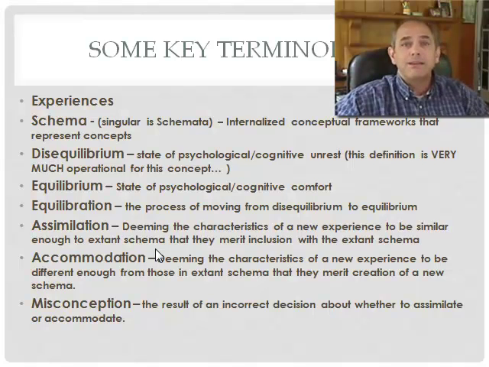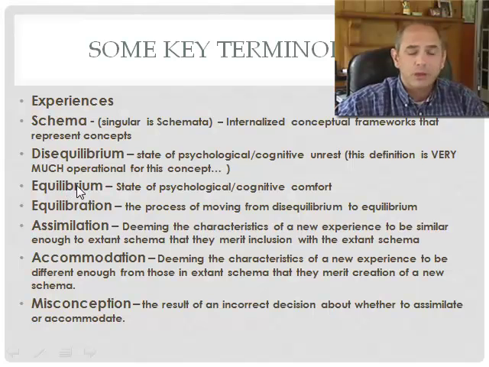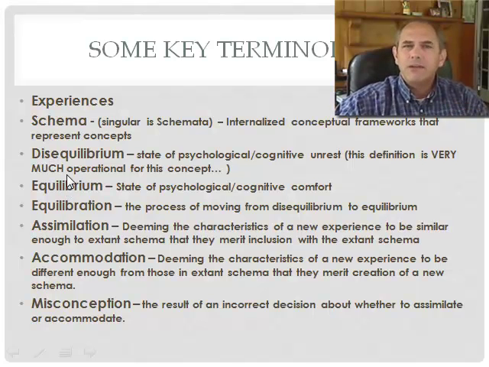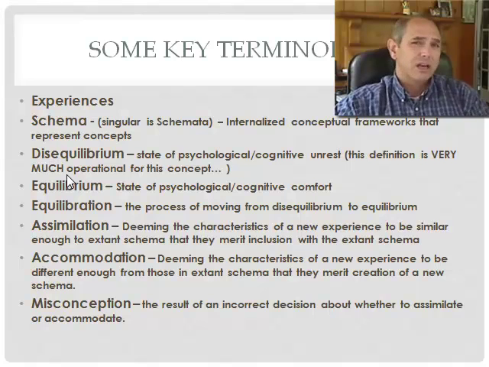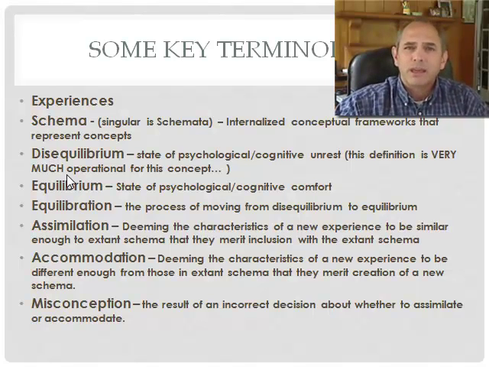So when I get to that point, what I'm looking at is these other two concepts called equilibrium and disequilibrium. Disequilibrium is the idea that I'm not real comfortable with the way things are. I am cognitively a little upset, perhaps, when I don't know something and I want to know more about it.